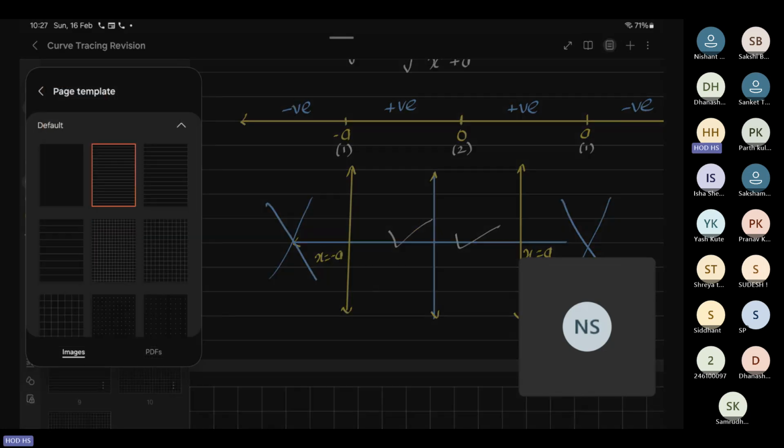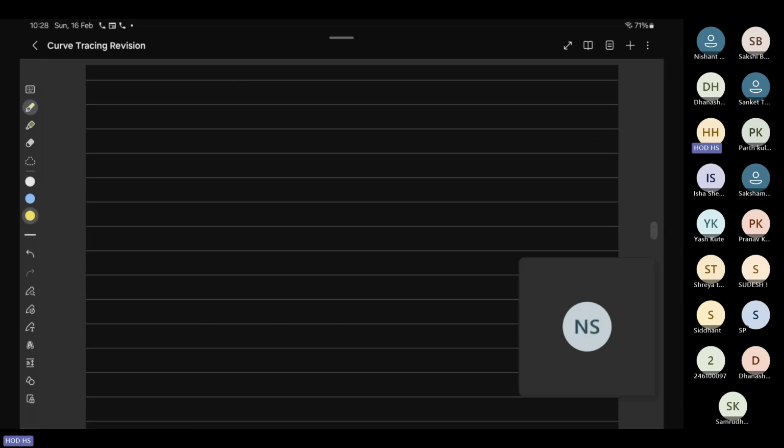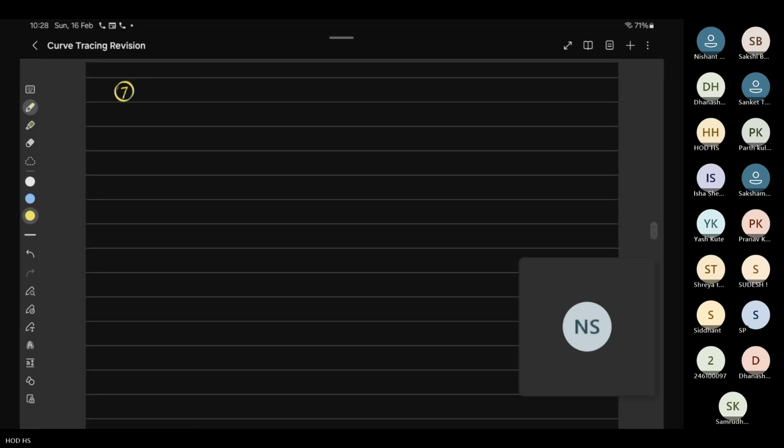So I'll add a page to discuss the asymptotes.